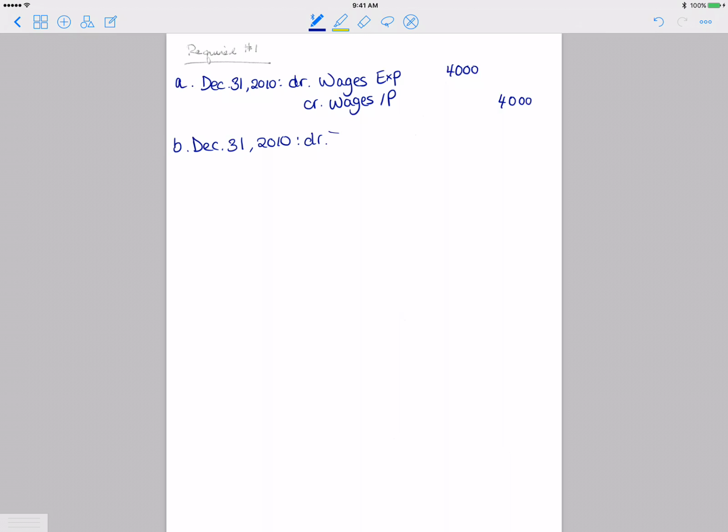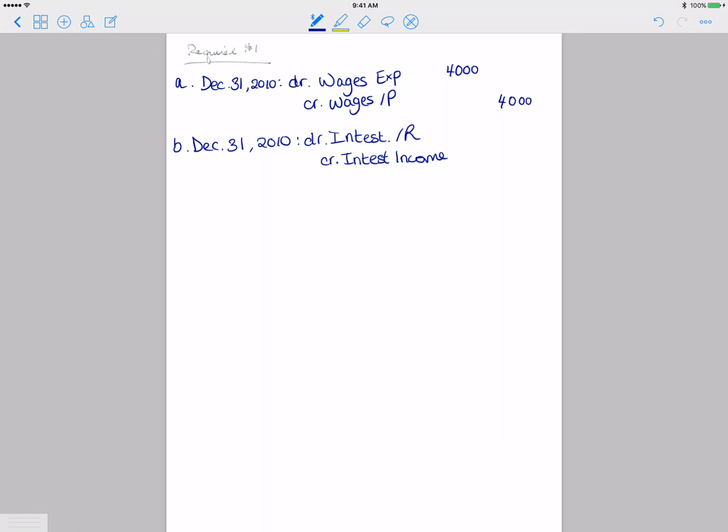So we know we have something that's due because they haven't given it back to us. So we're going to deal with interest receivable and interest income, which is a revenue account.